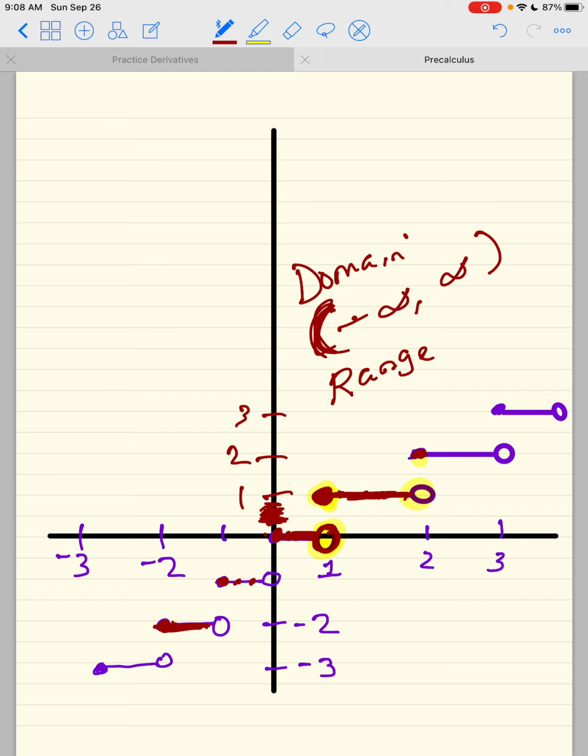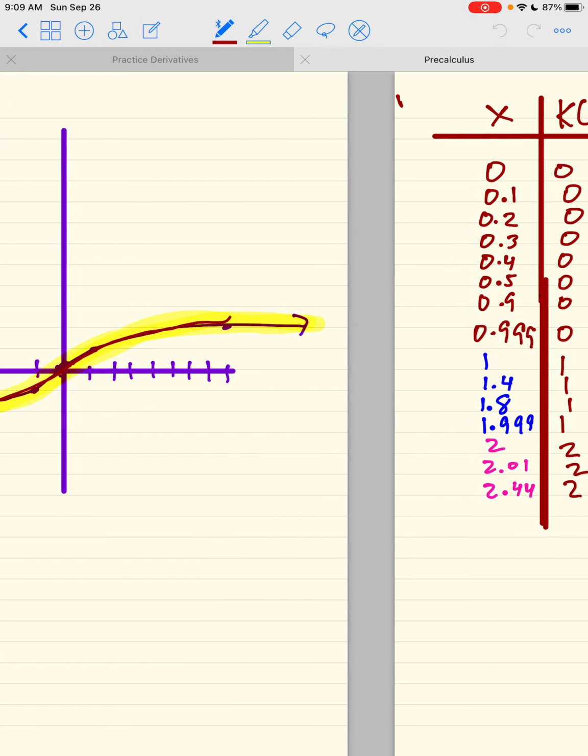I don't get 1.4. So my range is all integers. Not all real numbers, all integers. I'm getting whole numbers. Okay? And negatives, that's what makes it integers. But I'm getting all nice whole numbers, all integers. I don't get negative 1.3, so that's my range.